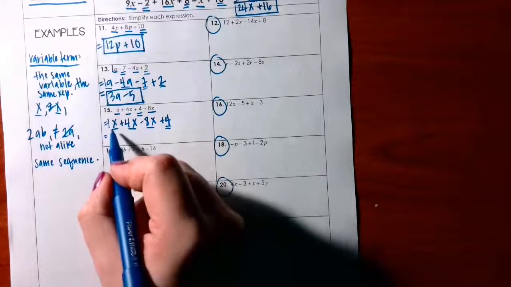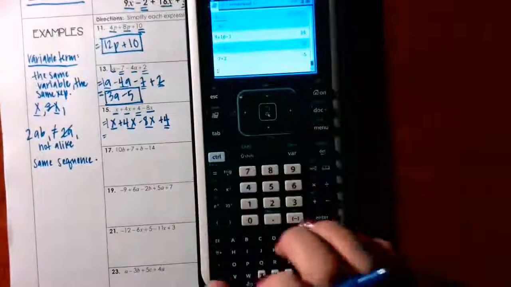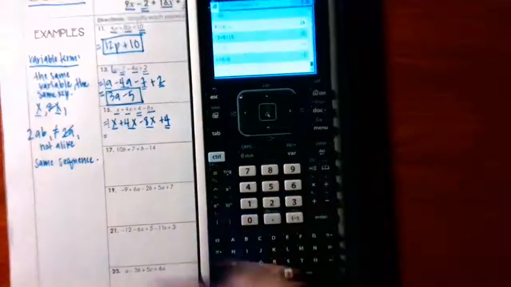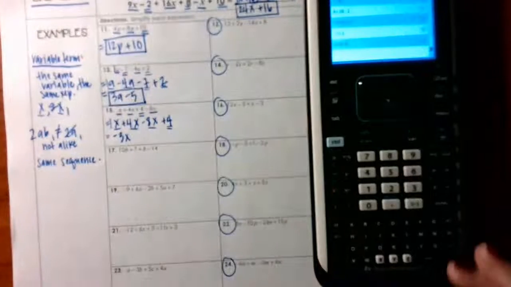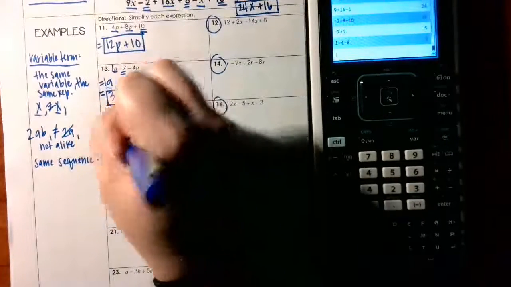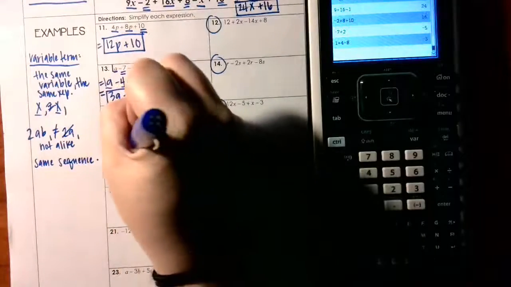So 1 plus 4 minus 8 is negative 3. Remember, we're just combining the like terms, the coefficients of our variable terms. Then all I have left is plus 4. So negative 3x plus 4. See, now I only have one of each type of like term.